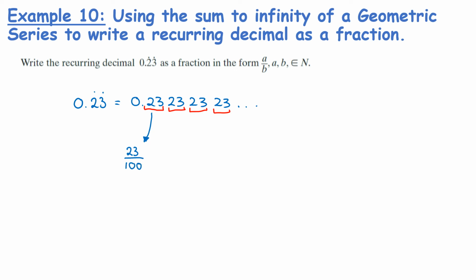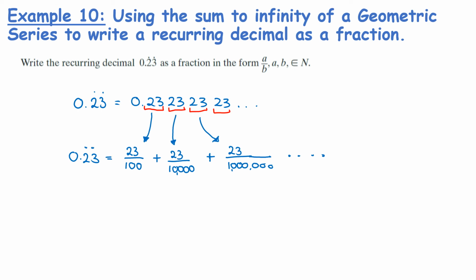So really going back to your primary school decimals. And this piece could be written as 23 over 10,000. And this piece could be written as 23 over 1,000,000, 6 zeros. And if you added all these pieces together, and this goes on forever, you would be back to the idea of 0.23 recurring.